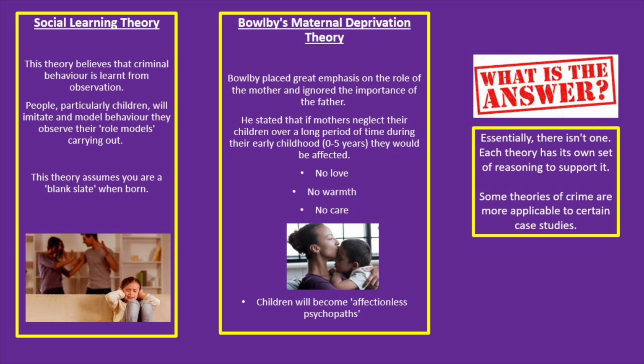For example, if a child was around violent behaviour, such as their family being involved in domestic abuse, they might then go on to imitate that behaviour and act out in a violent way in future relationships.